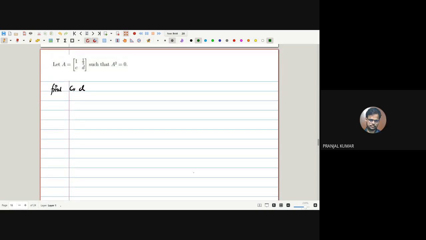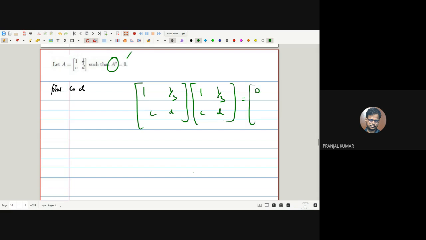Okay. Now for this question, you directly have to calculate A square and equate it to 0, and you will get c and d. Clear? So let's do it. The matrix with rows (1/3, c) and (d, 1/3), squared, is equal to the zero matrix. Always remember, whenever it is written zero, you have to check cleverly that it is a zero matrix.